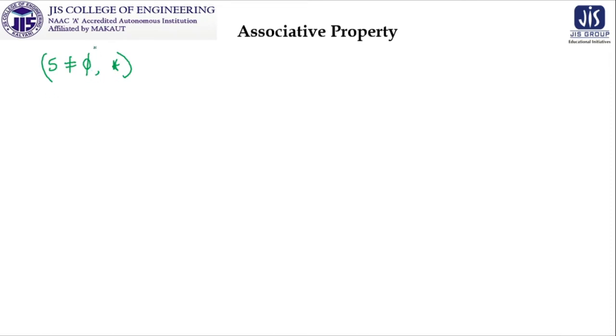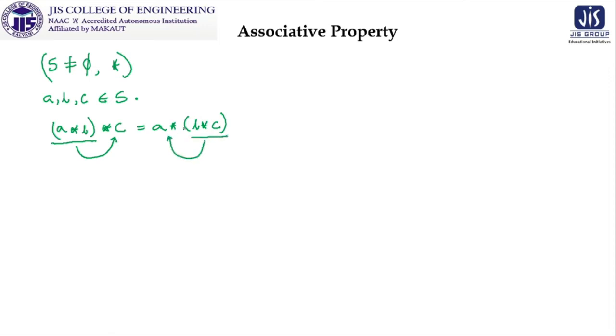Then we take three elements A, B and C from S. If (A star B) star C equals A star (B star C), then we will call it the associative property. What is the meaning? We operate star on A, B, C in order: first we operate A and B, then the result is operated with C, and in the other case the operation is on B and C, then the result is taken with A.